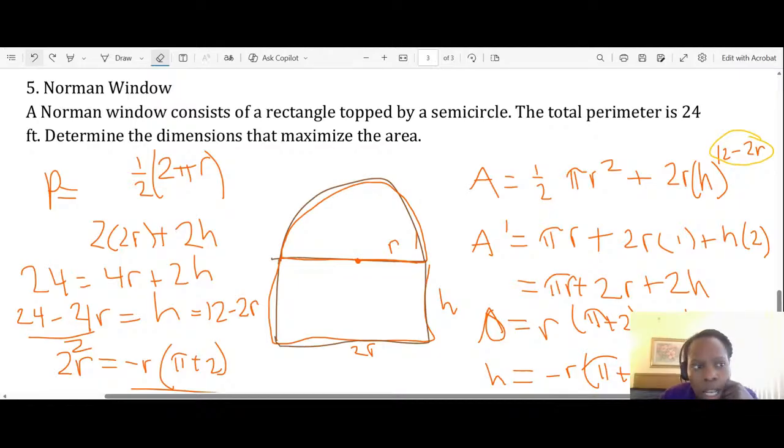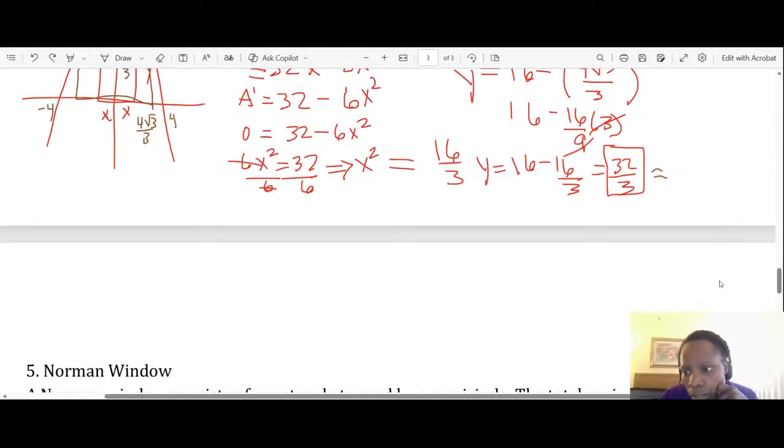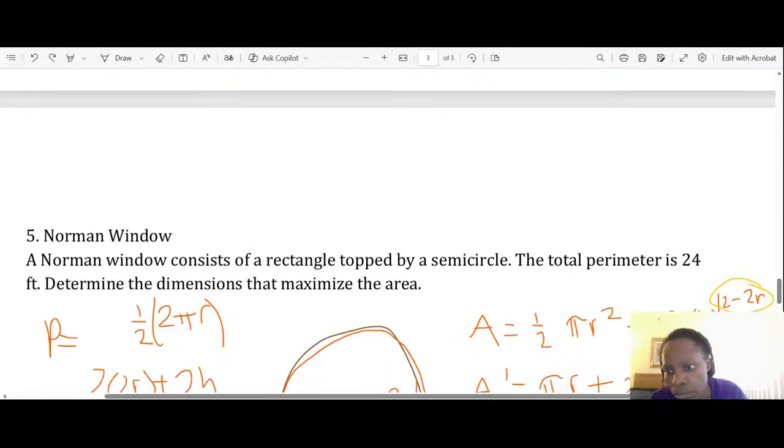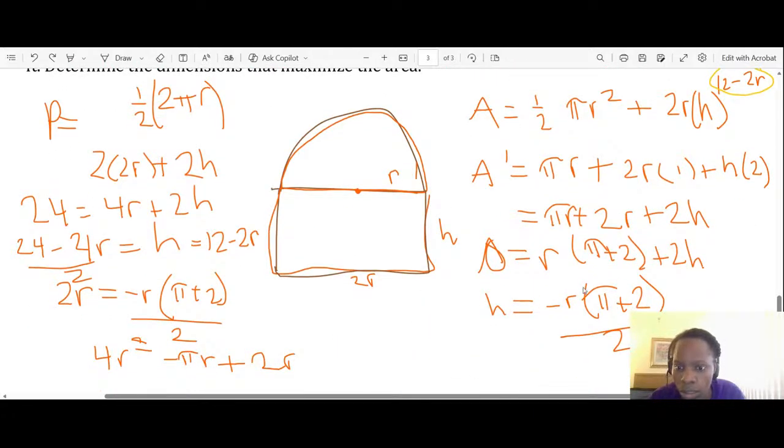Okay, let me fix that. So that we can maximize, optimize.